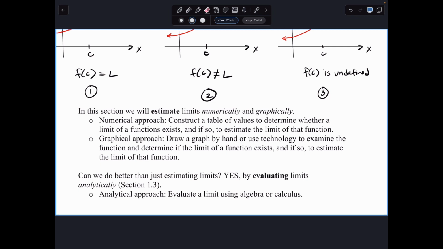Okay, so limits can be evaluated analytically using either algebra or calculus. But for now, we're going to try and understand what a limit is by looking at limits from a numerical and a graphical perspective or approach.